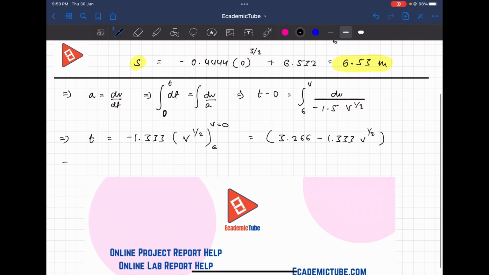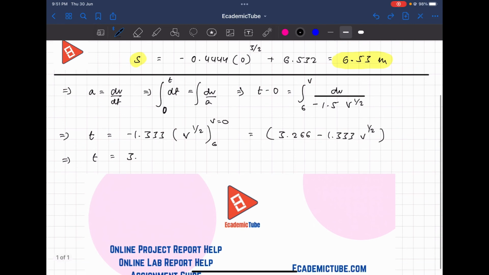So the final answer will be t is equal to 3.266 minus 1.333 times 0 to the power 1 by 2, and it will come to 3.27 seconds. So the object took 3.27 seconds to stop.